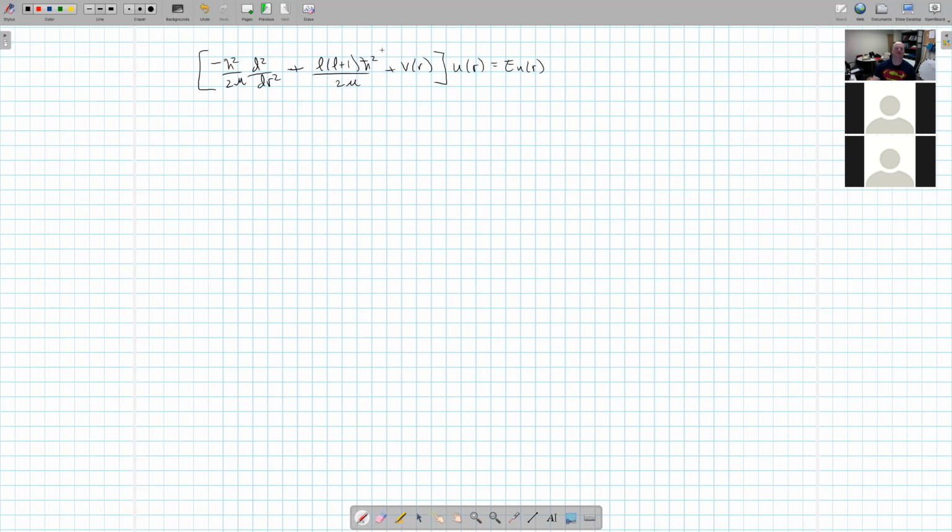So finally, this is the differential equation that we have to solve. This is our two-body problem differential equation for the radial position of the relative coordinate.